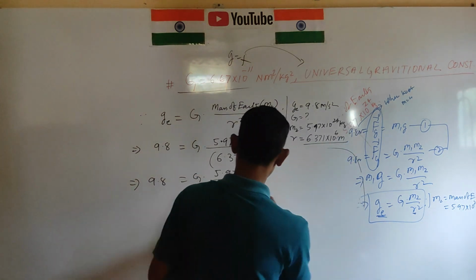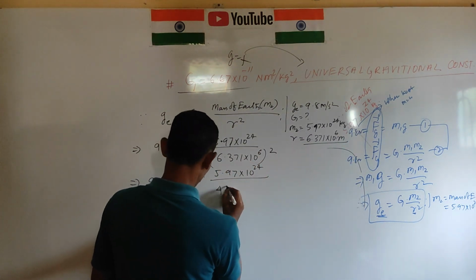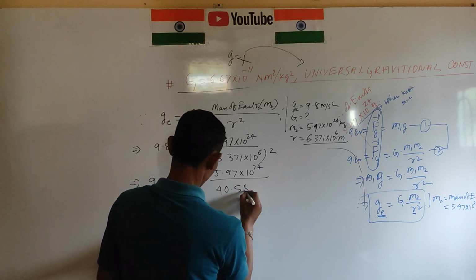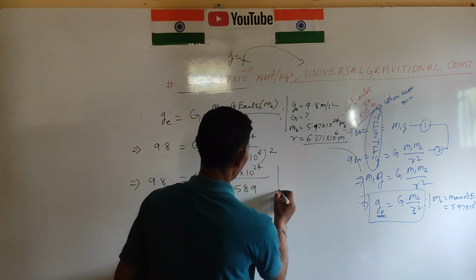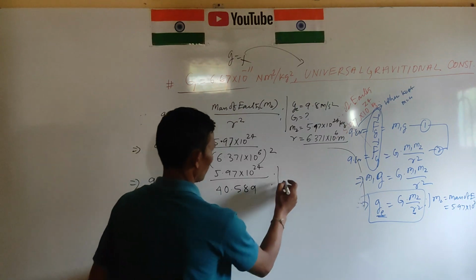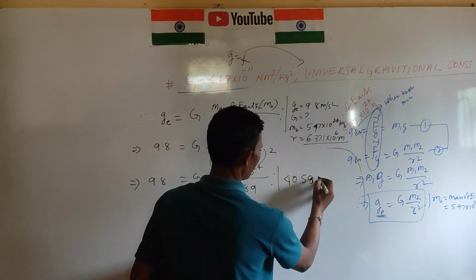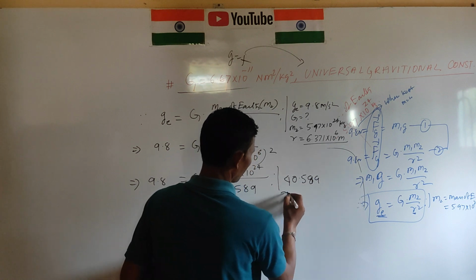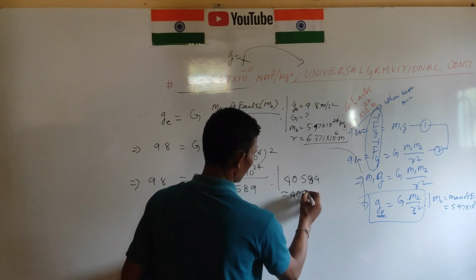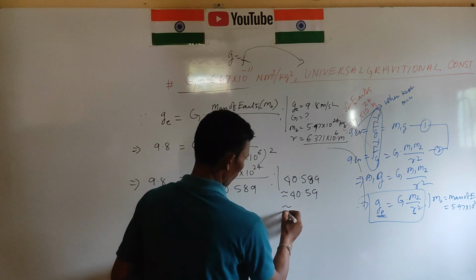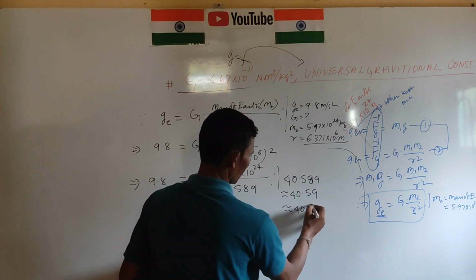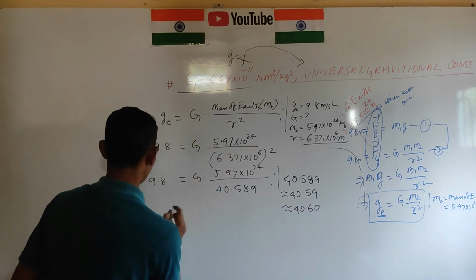It is 40.589, approximately equal to 40.59. It is also approximately 40.60, we consider this one.